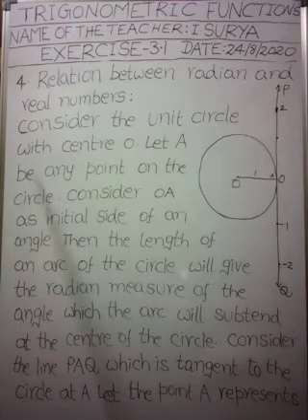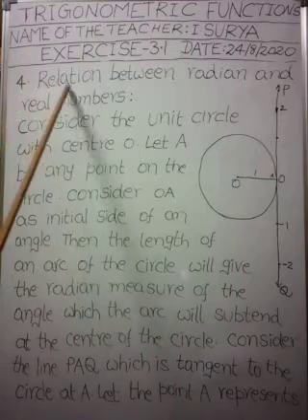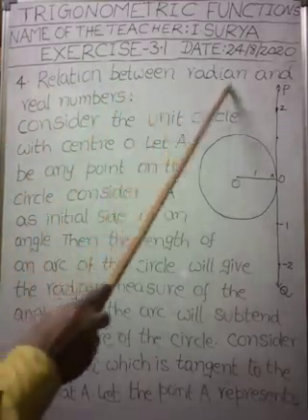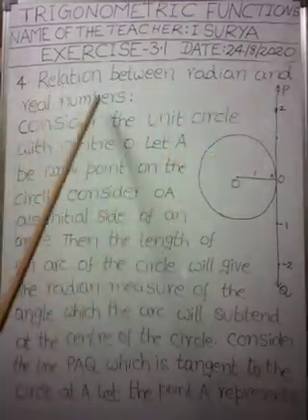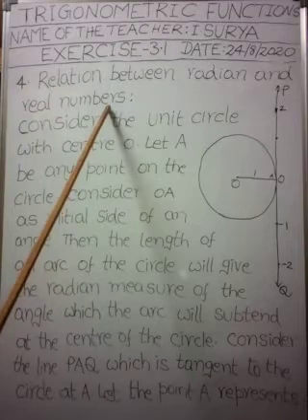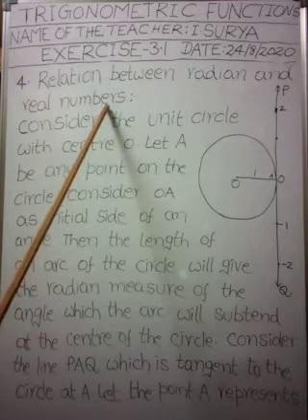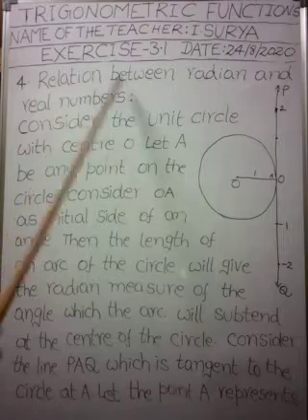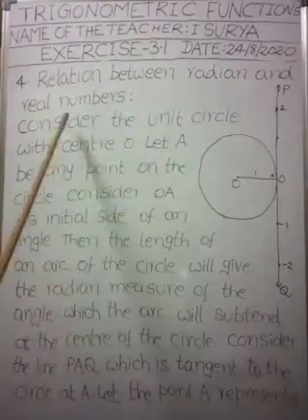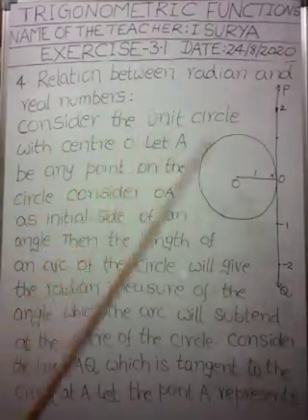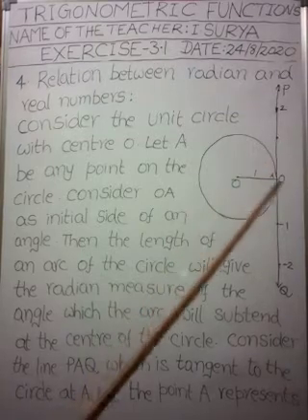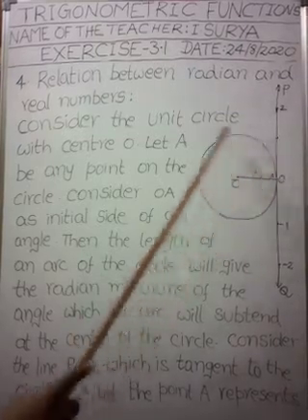Now come to the fourth point, relation between radian and real numbers. Here we are going to discuss the relation between radian and real numbers. Observe this figure. This is a unit circle.